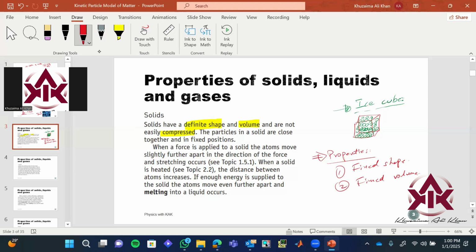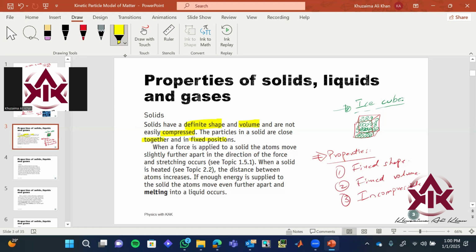And what is the third property? That it is incompressible. What incompressible means is, कि since there are no spaces between the atoms over here, they cannot be further compressed. If they don't have spaces, how can the atoms overlap with each other? So they are incompressible. So again, they have a fixed shape, fixed volume, and they are pretty close together over here.